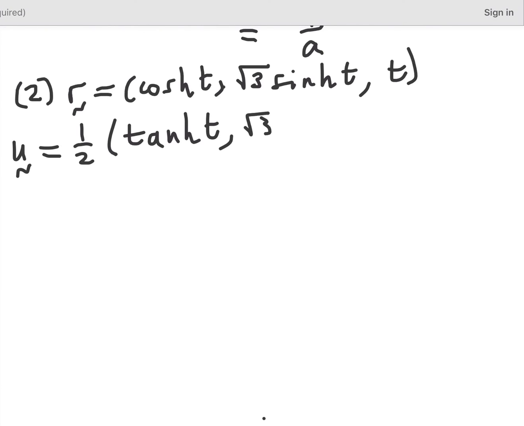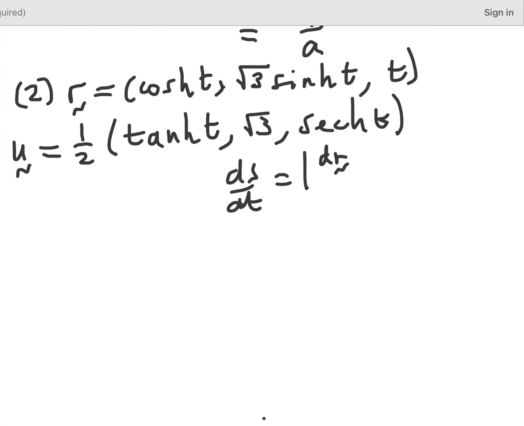We also recall that the mod of r dot, which is ds/dt, which is essentially the mod of dr/dt we showed earlier, was equal to 2 times the hyperbolic cos of t. So this is all from previous.